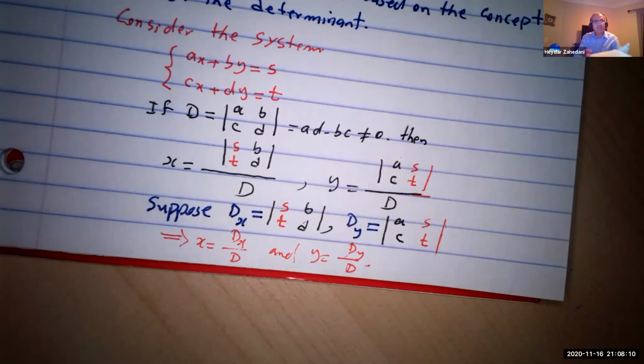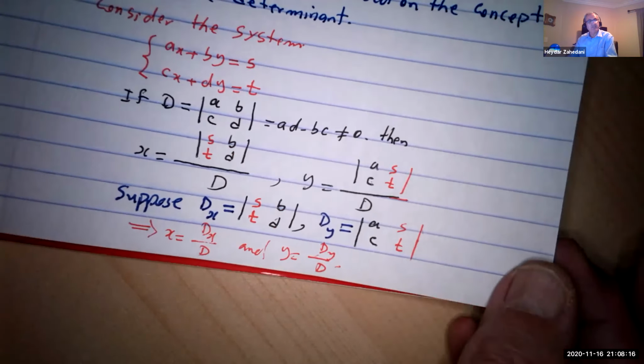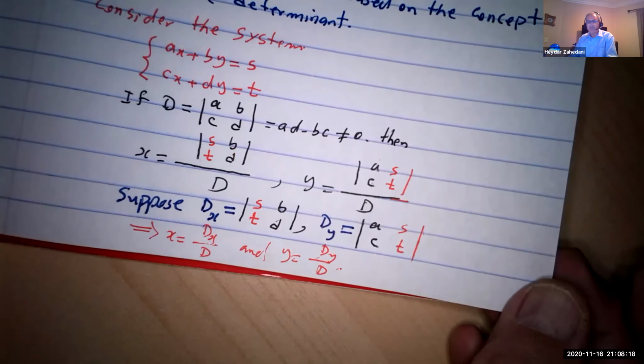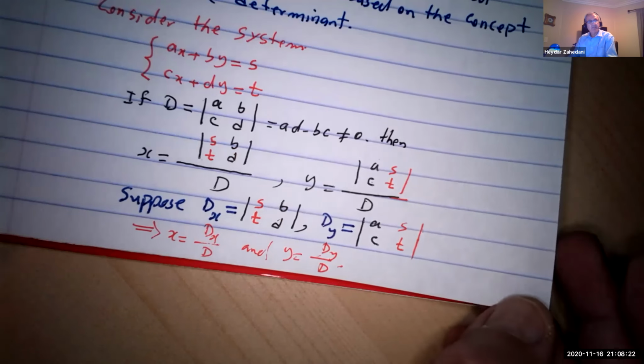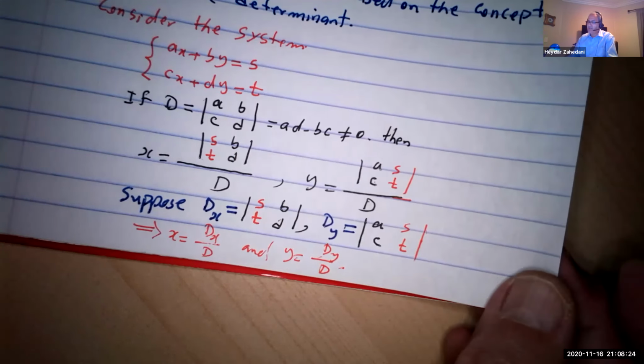This is a 2 by 2 one, to get the solution of this system. Then I explained this is 2 by 2. 3 by 3 would be the same. We do it the next time, but we have to finish this one first.